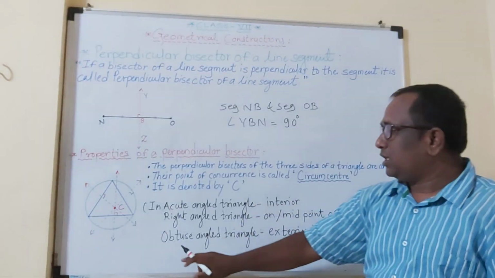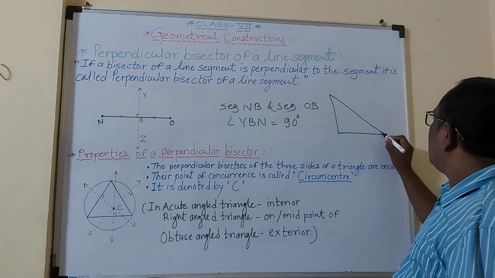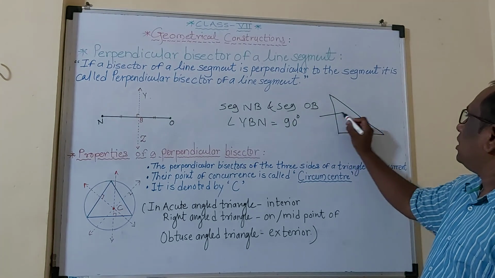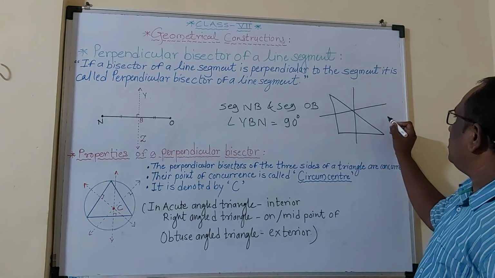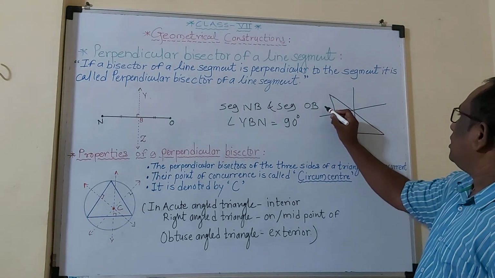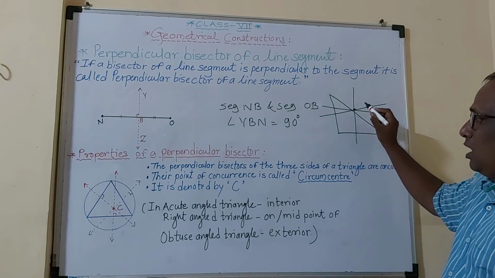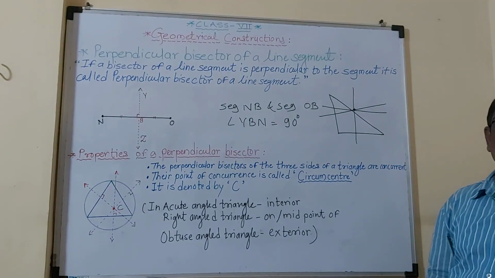Now if we see the obtuse angle triangle, here I will draw an obtuse angle triangle. Here also, if you draw perpendicular bisectors, this is one, this is second, and this one third. So this is where the point of concurrence is exterior to the triangle.